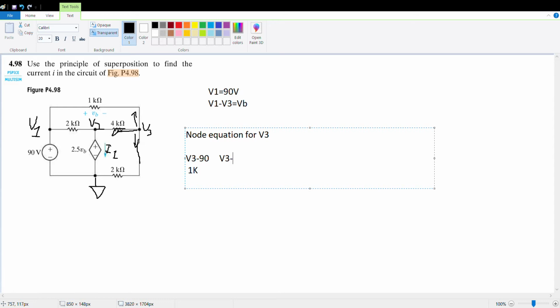So V3 minus 2.5 VB, over 4 kilo ohms. And finally, we have V3 minus 0 over 2K. And all of that is equal to 0.